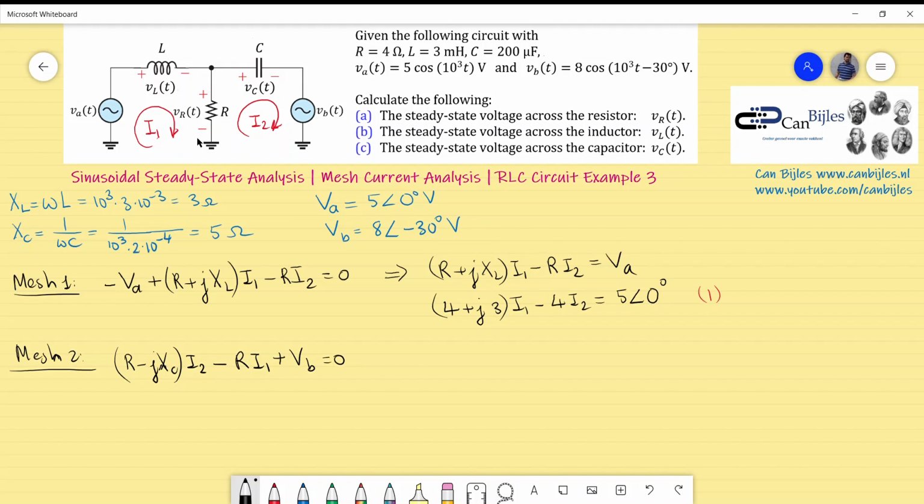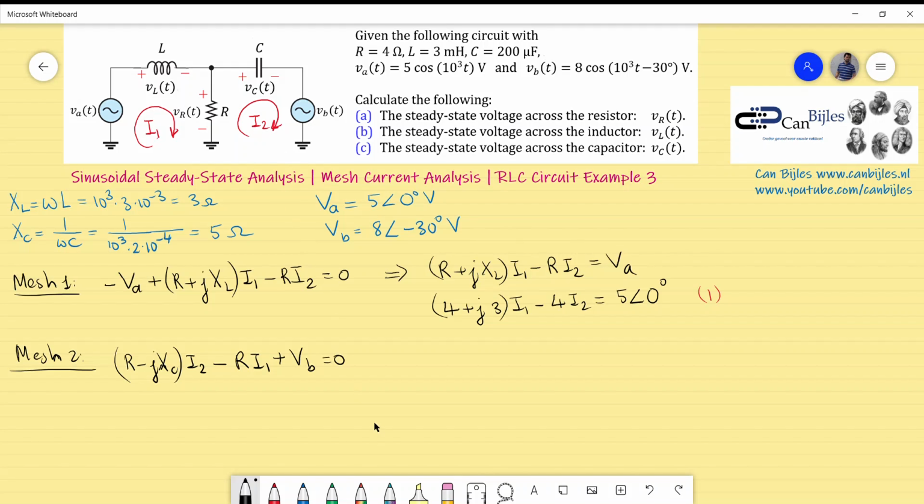I2 will be in the same direction for R and C, but for I1 I will have the opposite direction, so I will have a minus R times I1, and the VB will be positive because I will start here and then come back again at the ground.